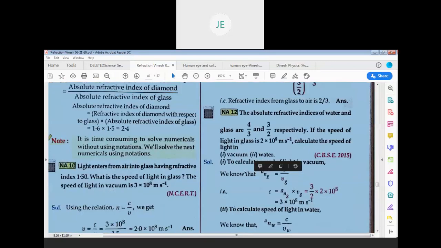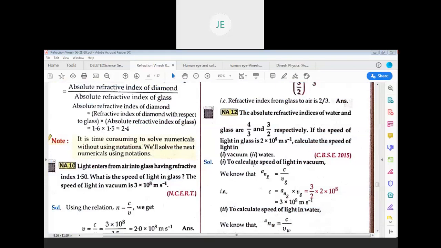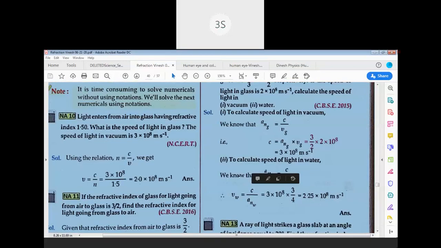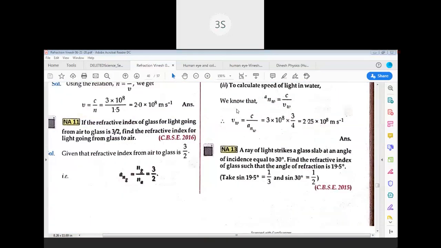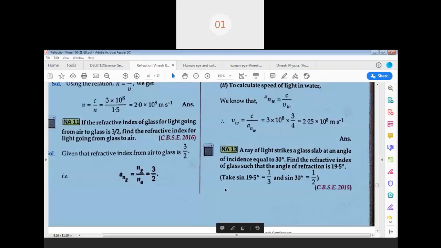In water, 2.25 into 10 to the power 8. Yes, very good. Sir, it will be 1.5, 3 by 2. Yes, 1.5. Both are same.